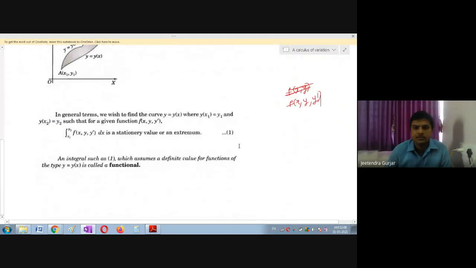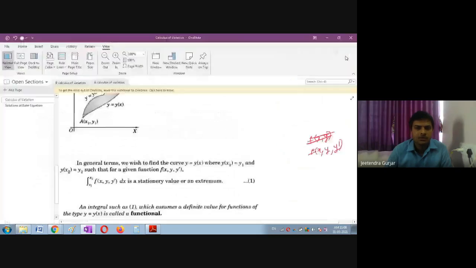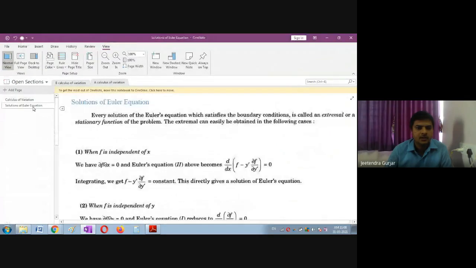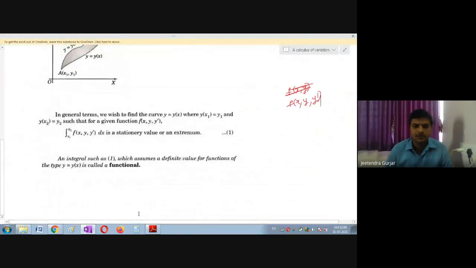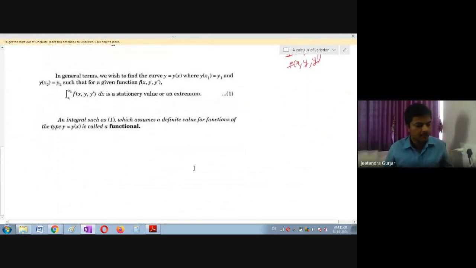Okay, then we'll first derive the first derivation here, that is Euler's equation. Yes, very very important, students. Very few questions are there here, and all the questions are very very important. The only thing is you have to practice this derivation.